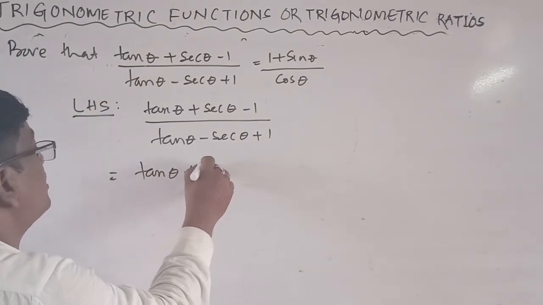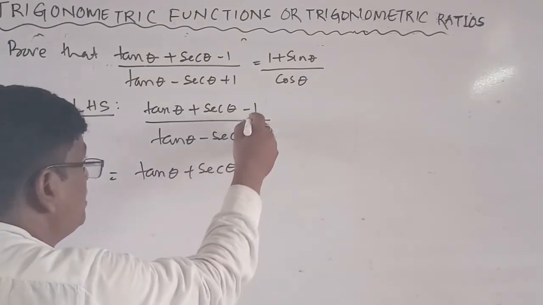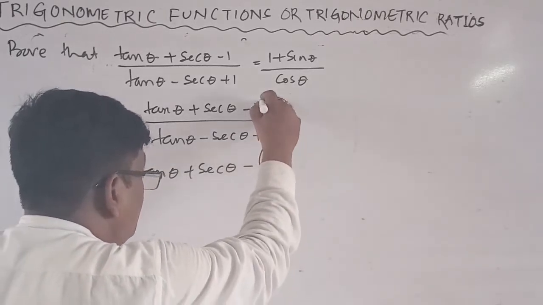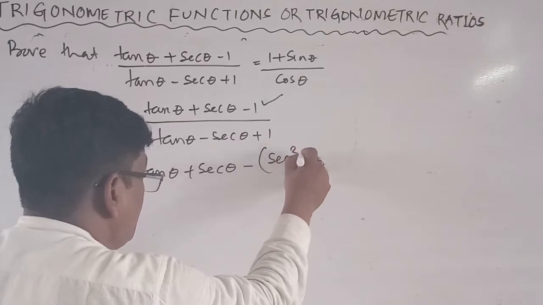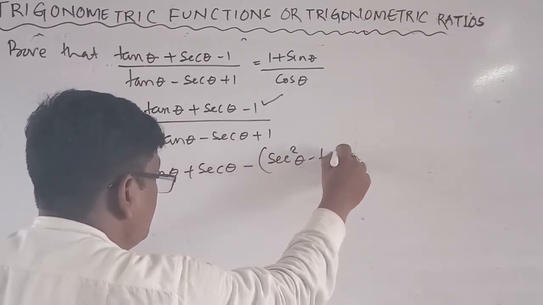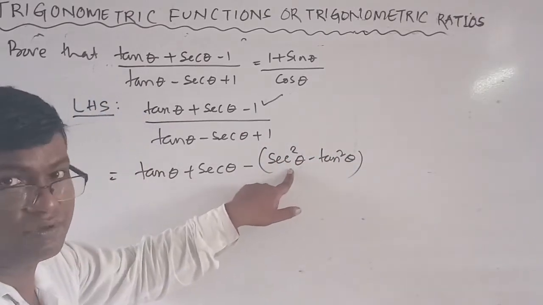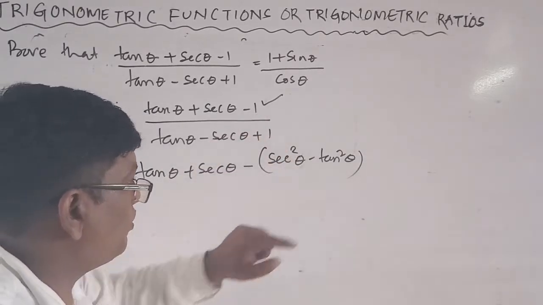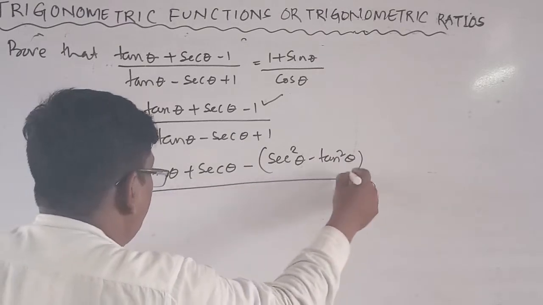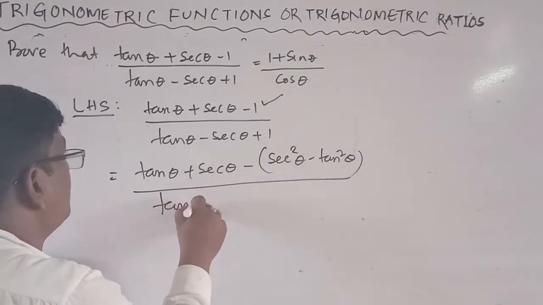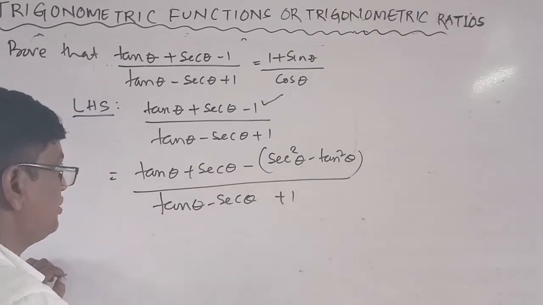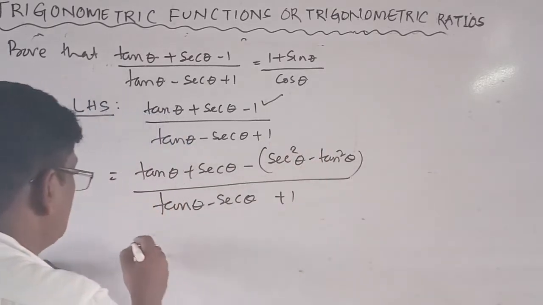Now in the numerator, tan theta plus sec theta, we know what 1 is in terms of sec and tan: sec square theta minus tan square theta equal to 1. So replace 1 by sec square theta minus tan square theta. Then for the denominator, tan theta minus sec theta plus 1, this is a square minus b square form.